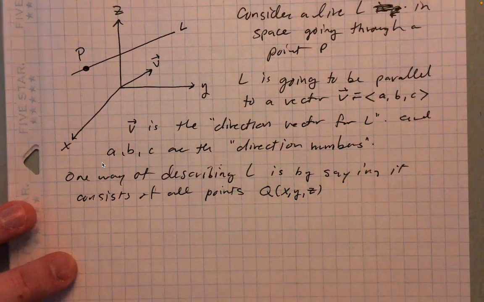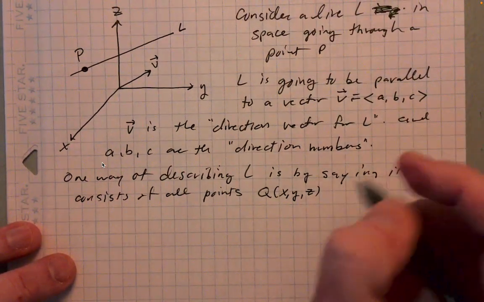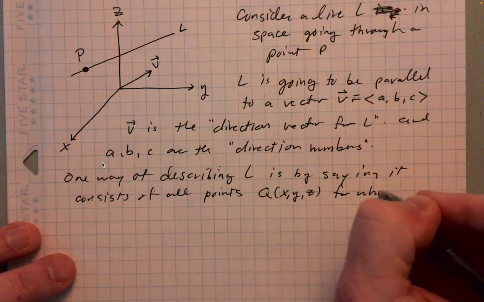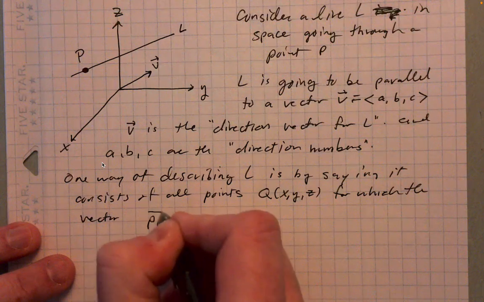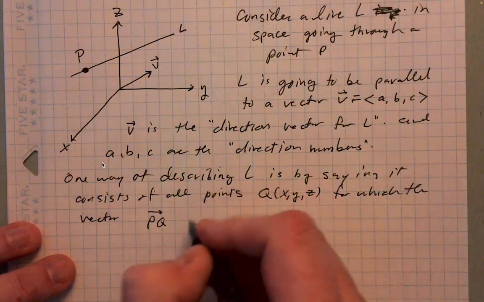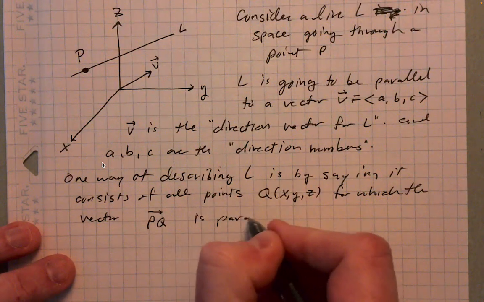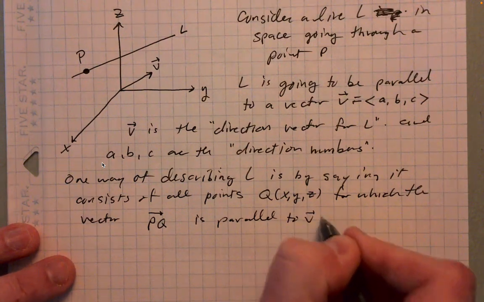It consists of all points Q for which the vector PQ is parallel to v. Does that make sense?